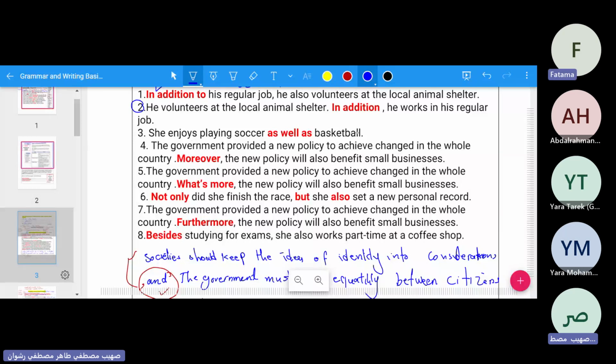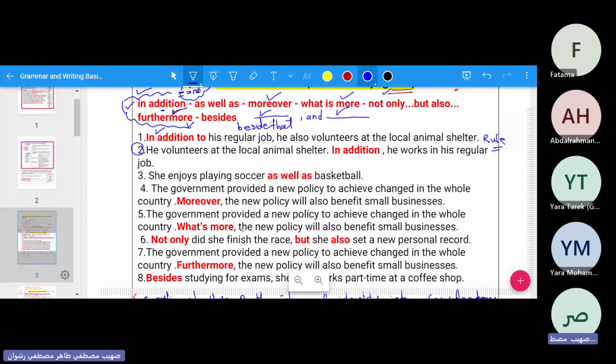Not number 1, because number 1 has a certain rule. So we will exclude it after we finish. He volunteers at the local animal shelter. In addition, he works in his regular job. Here we use the conjunction. In addition, instead of the word what? And he works in his regular job.